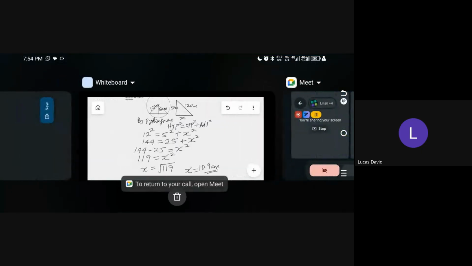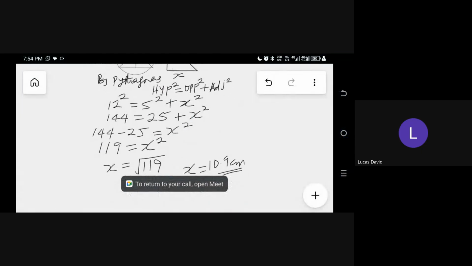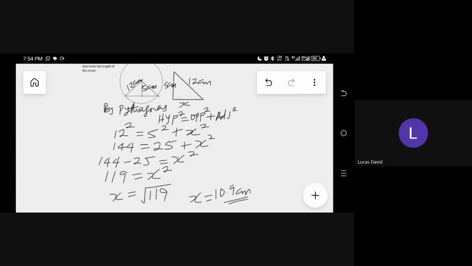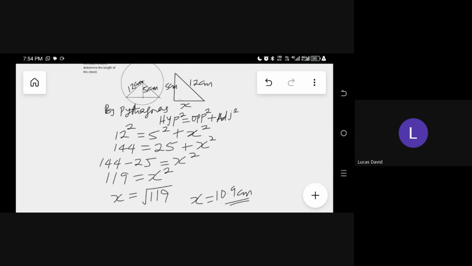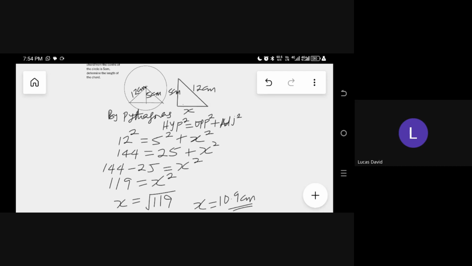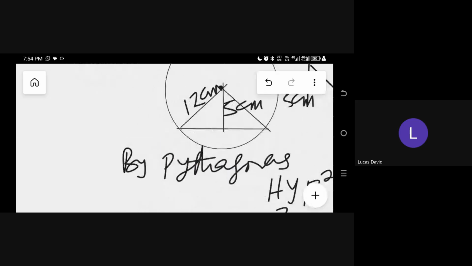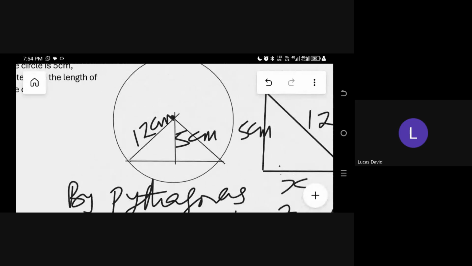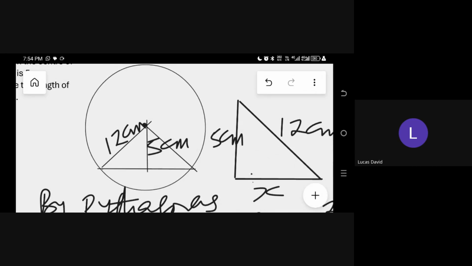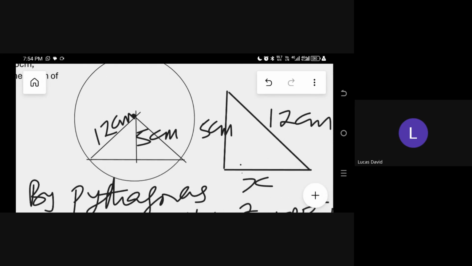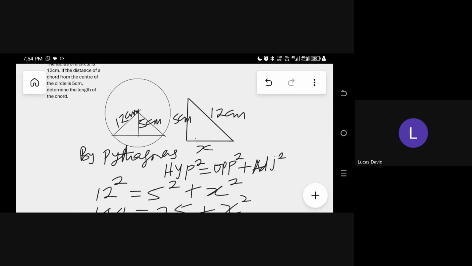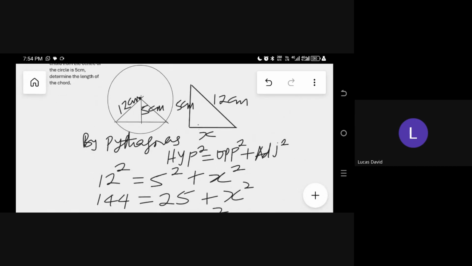Okay. All right. So that actually is the reason why we can't leave 10.9 as a result, because we're looking for the length of the chord, and the length of the chord ought to be the full length. When we're working, we only took half of it. So that S there isn't the length of the chord, it's only half of it.